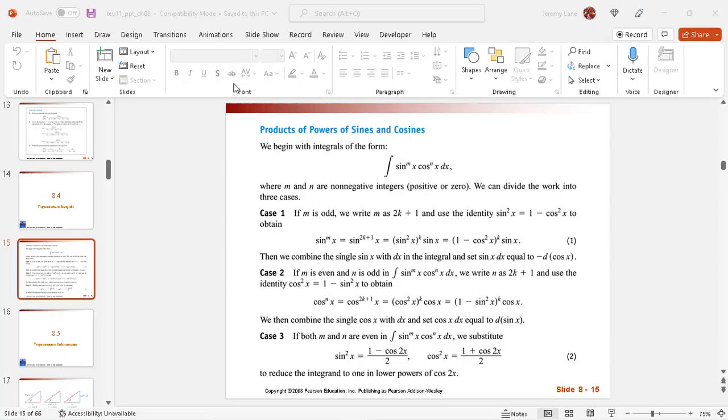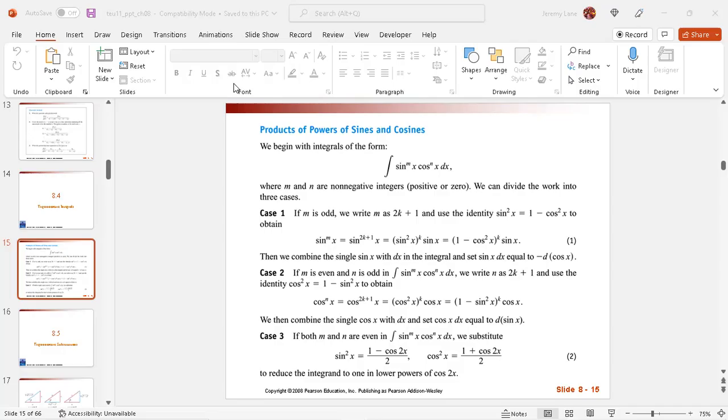If m is even and n is odd, in other words, the power on the sine function is an even number and the power on the cosine function is an odd number, then we're going to do something very similar. We'll rewrite cosine to the nth power, equal to cosine to the 2k plus 1 power of x, as cosine squared to the k power times cosine x.